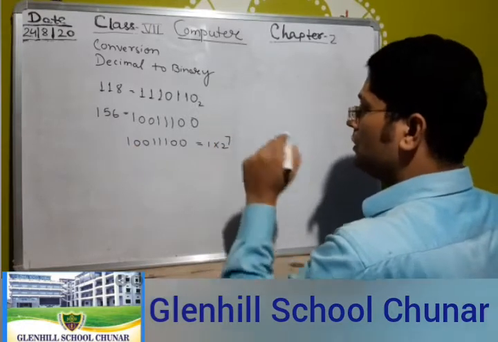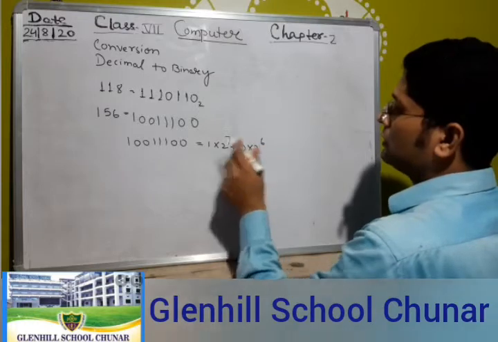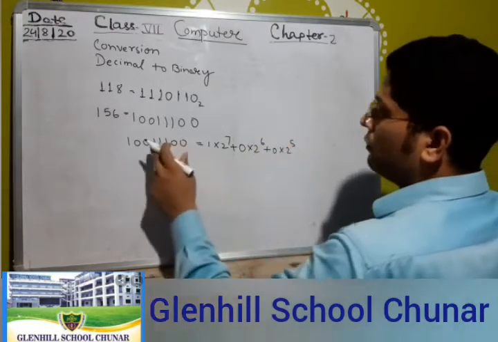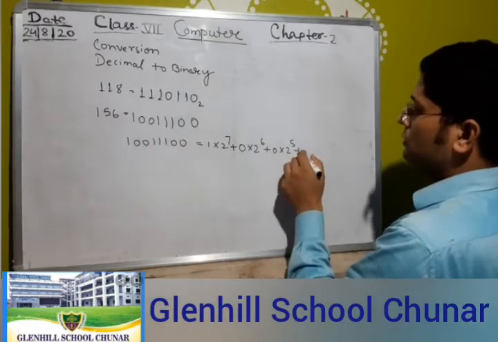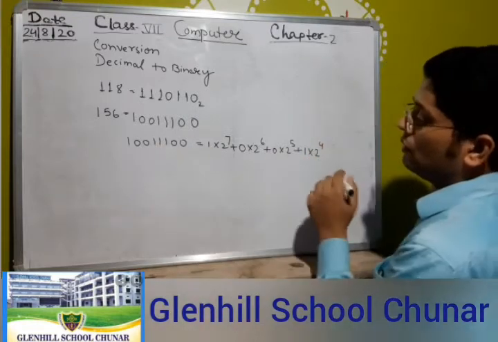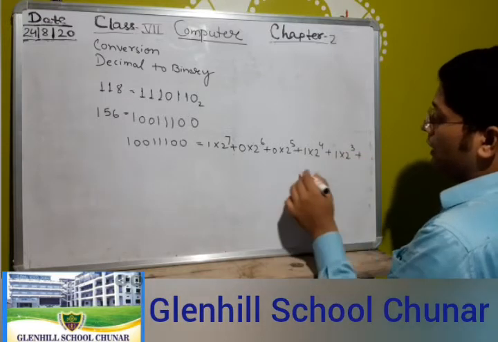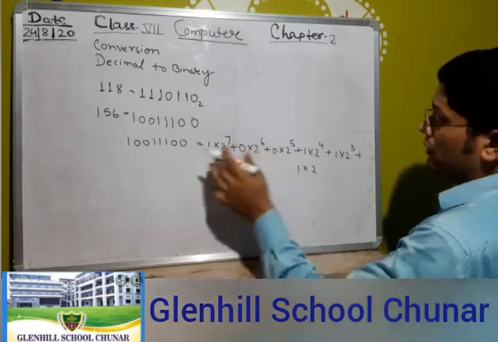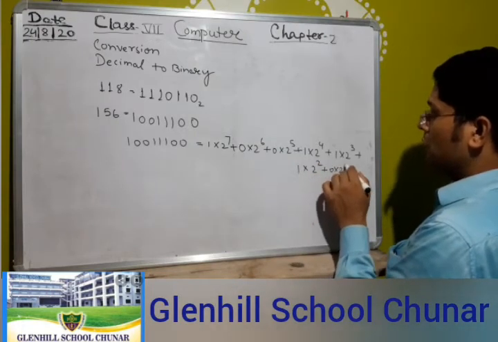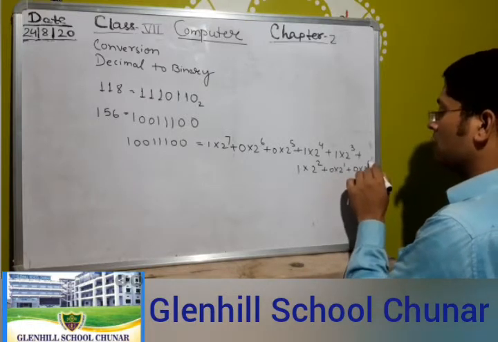So 1 into 2 power 7, plus 0 into 2 power 6, plus 0 into 2 power 5, plus 1 into 2 power 4, plus 1 into 2 power 3, plus 1 into 2 power 2, plus 0 into 2 power 1, plus 0 into 2 power 0.